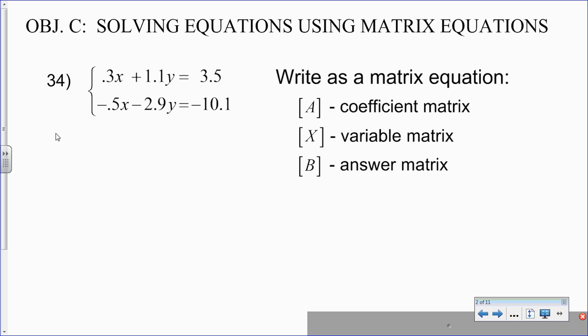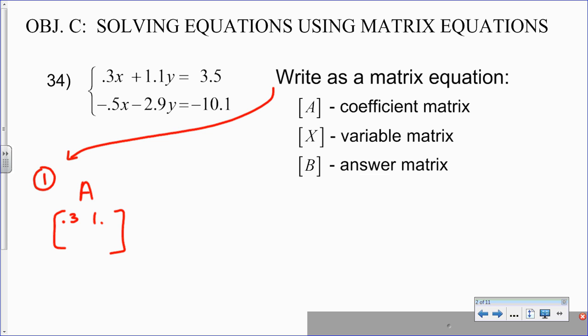The first thing we're going to want to do is write it as a matrix equation. So we first take our coefficients, the numbers in front of the variables. So matrix A is 0.3, 1.1, -0.5, and -2.9.